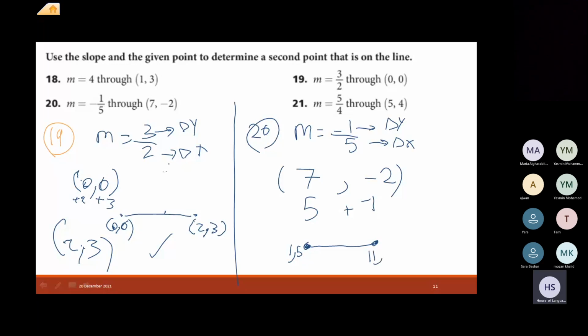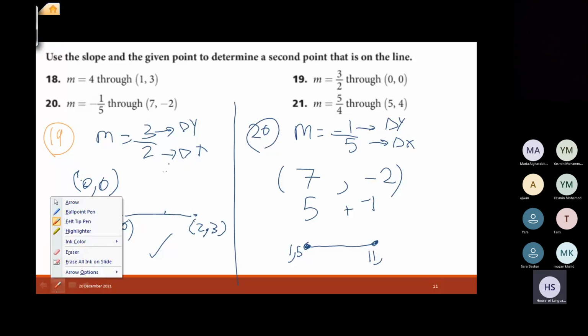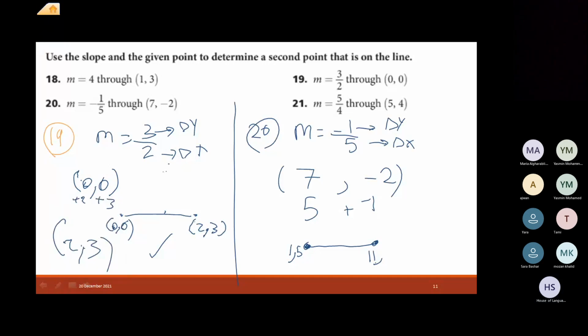7 plus 5. 7 in your mind, 5 in your fingers. What after 7? 8, 9, 10, 11, 12. So 12. Okay, the second one.